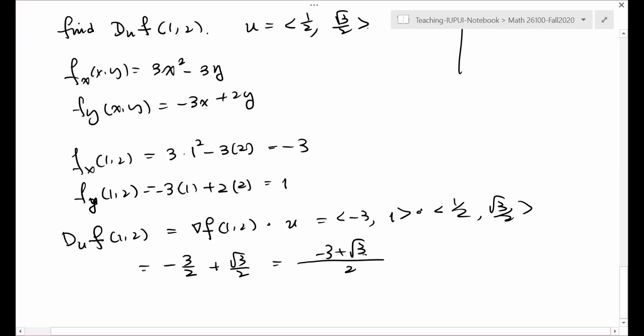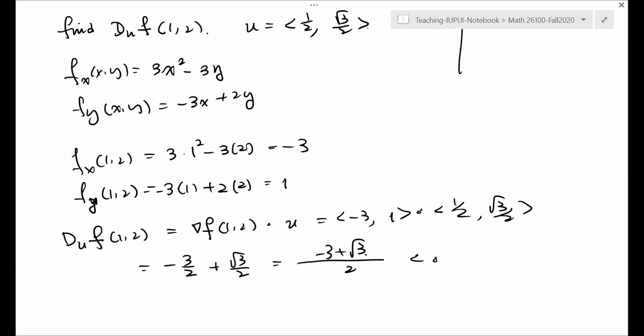In this case the directional derivative is negative, which means that along this line in the direction u, the value decreases as it passes that point. This is the derivative of the restriction of the function along this line.